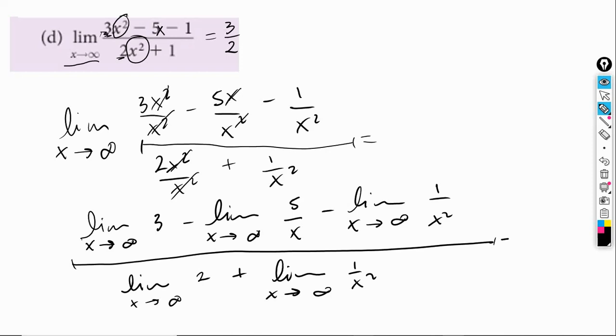And then this would simply equal, this is where we use the properties of limits, right? So this would equal 3 minus 0 over 2 plus 0. And this evidently is the same as 3/2.